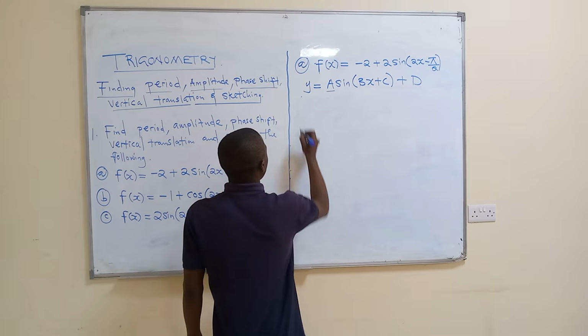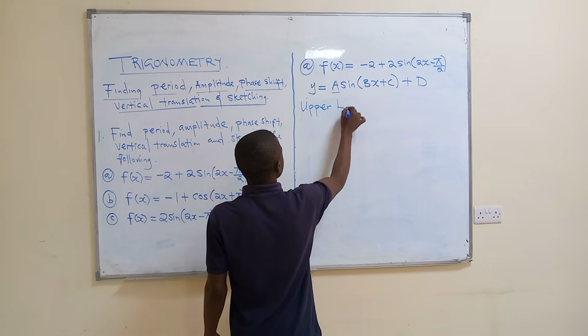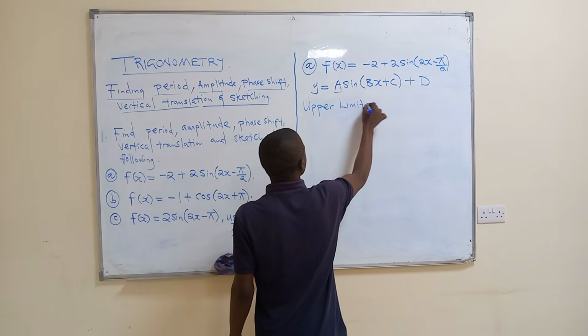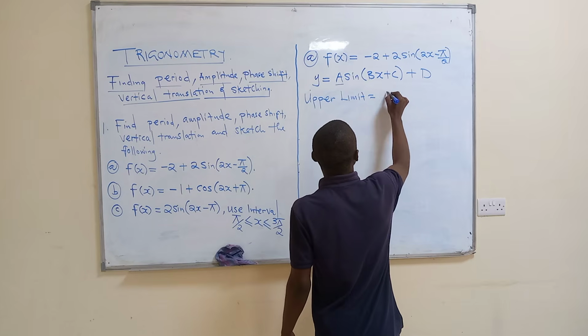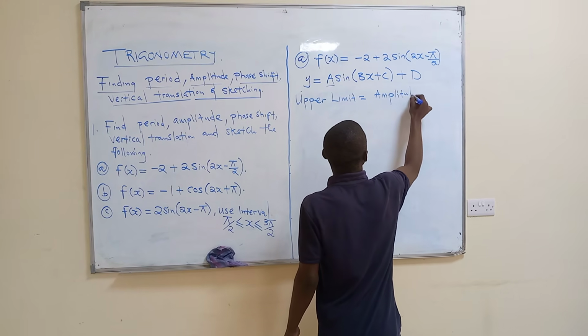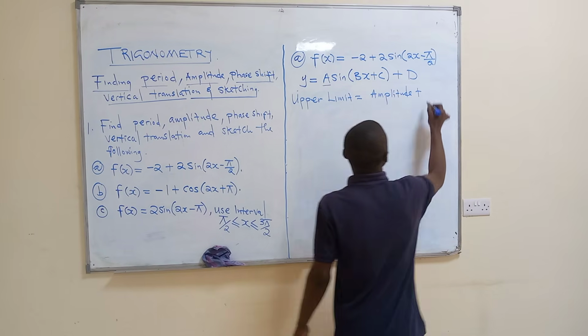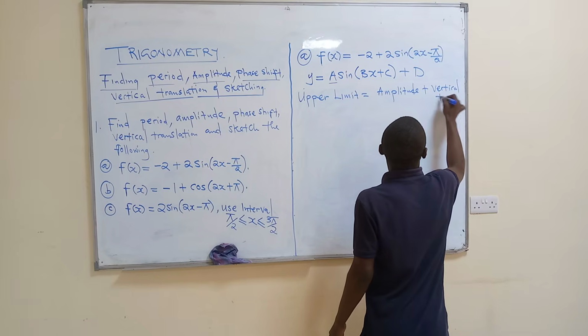So how do we find the upper limit? Upper limit is equal to amplitude plus vertical translation.